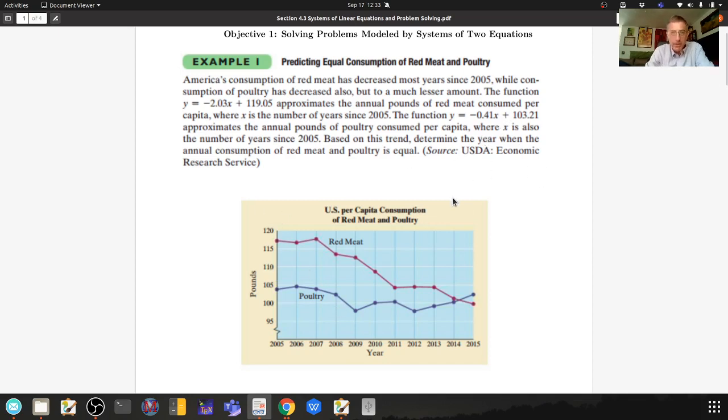So what we're asked to do is find what year the annual consumption of red meat and poultry is equal. So again, especially from our last test, we're not going to use calculators. Simple, basic math, addition, subtraction, multiplication, and division is the cornerstone of mathematics.